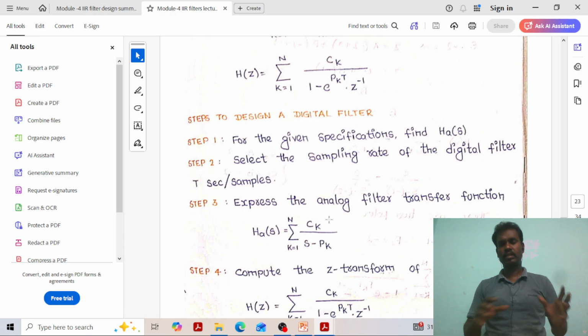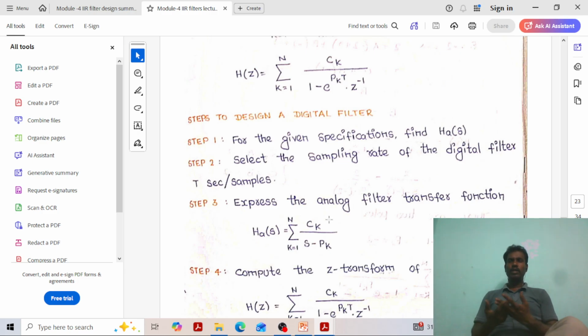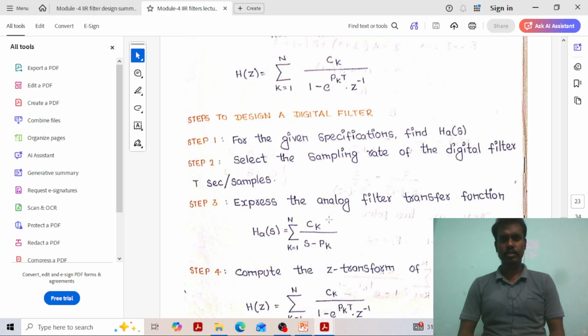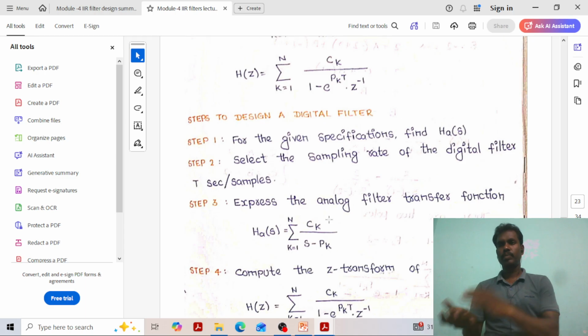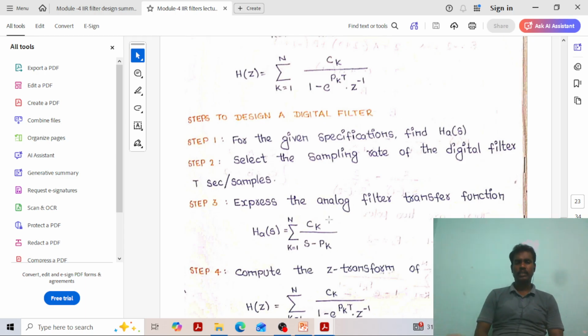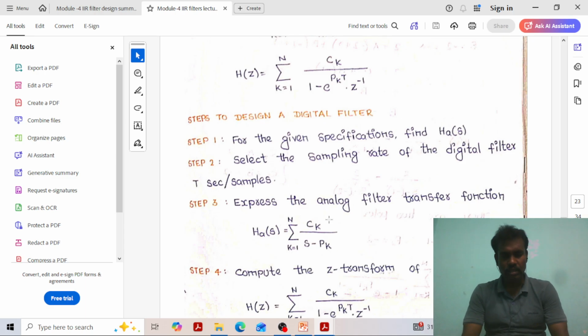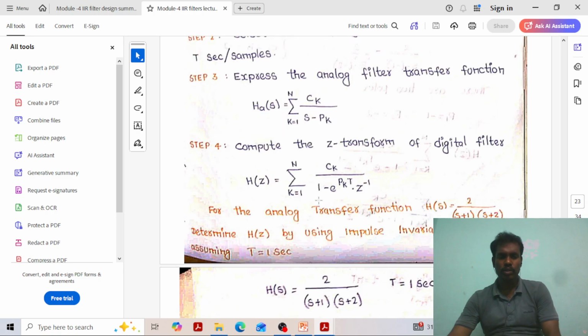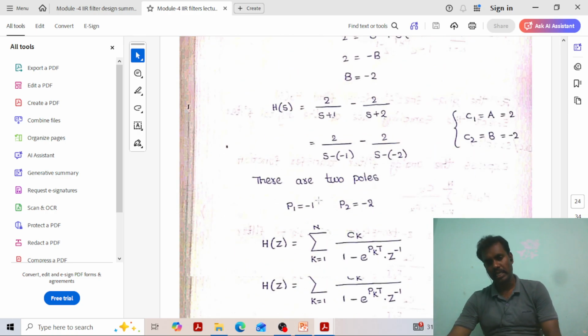Because there is no distinction between pole locations separated by 2 pi in the frequency scale, we get only one pole in the digital. That is called the aliasing effect: high frequency components are mapped into low frequency components. To avoid this drawback of the impulse invariance method, we move on to the bilinear transformation.